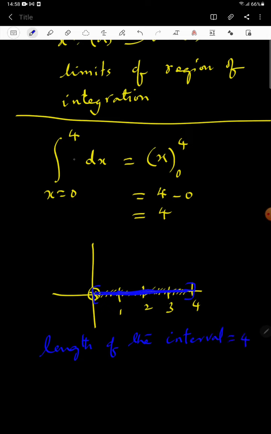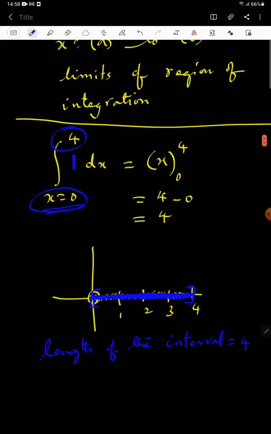Keep in mind the integrand is just 1, then whatever limits are there for the integral, the domain or region of integration will be as per the limits, and the length of that interval or region is given by that integral.